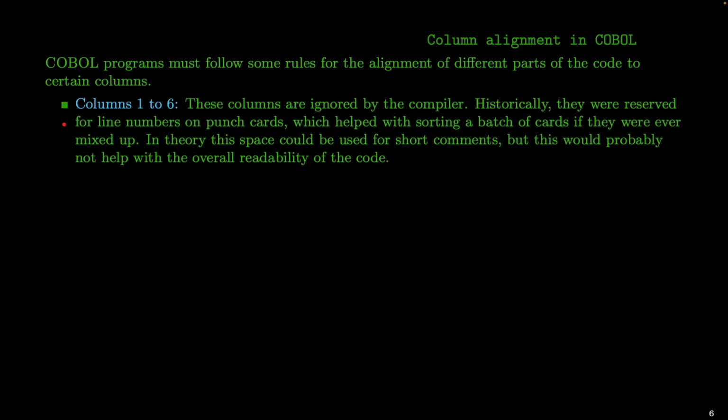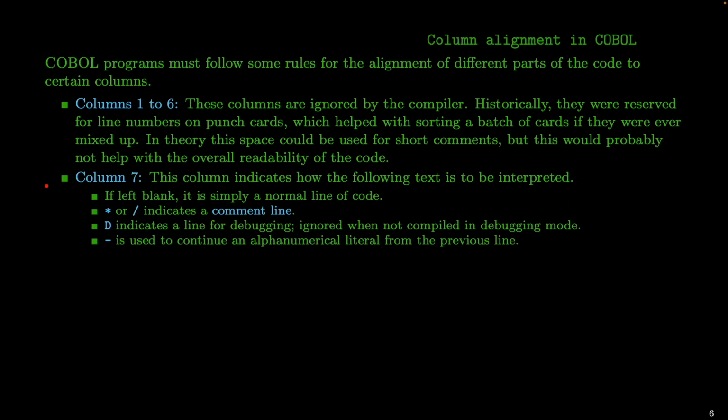The reason was that if you ever mixed up a batch of punchcards, like you drop them to the floor, and then you want to sort them again, it would be helpful to have the line numbers for each card, so for each instruction, to put them in the right order again. In theory you could write some short comments in this part of the code, but that will probably not help the readability. So it's best to leave it blank.